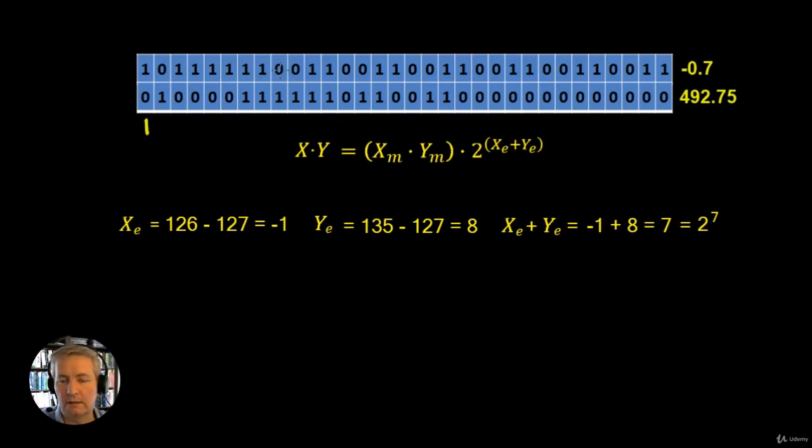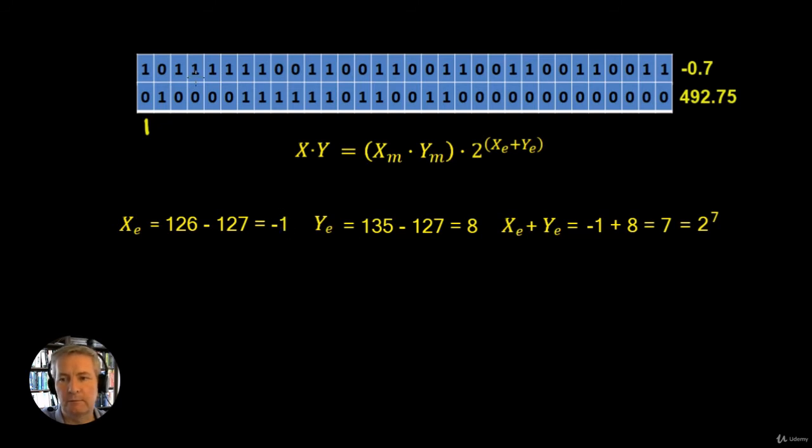That's going to be a value of 2 plus 4 plus 8 plus 16 plus 32 plus 64. When we add all those together, we're going to get the value of 126. So the exponent value that we have here is 126. But we have to take away the bias. If we take away the bias, we're going to get a value of minus 1.